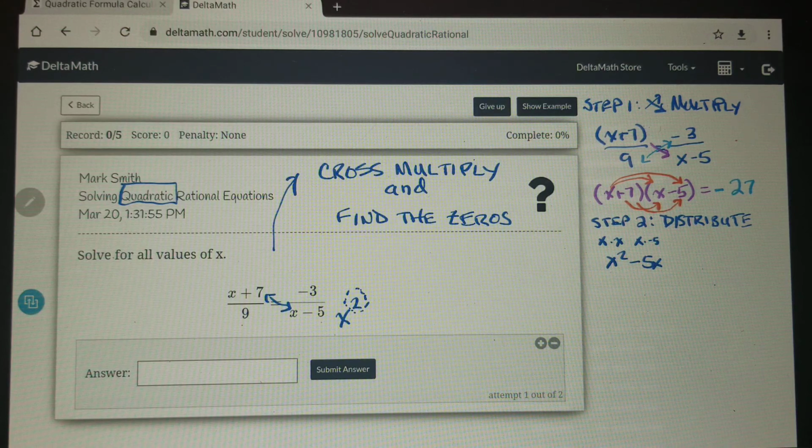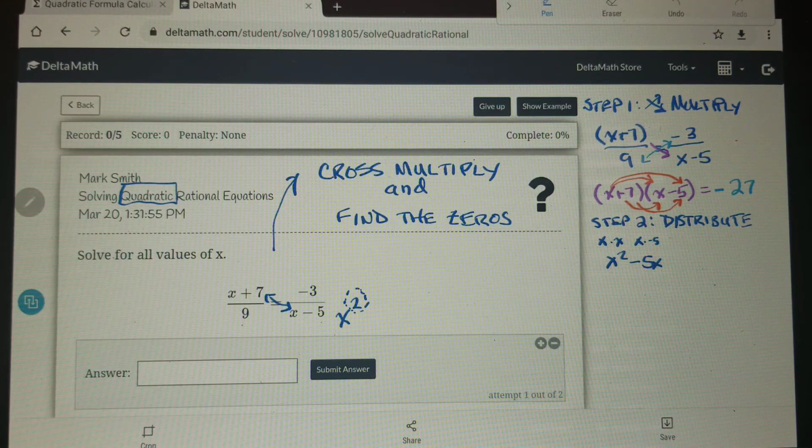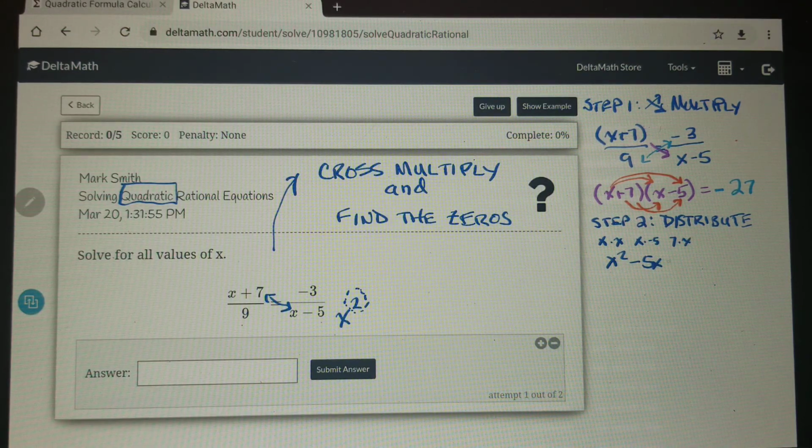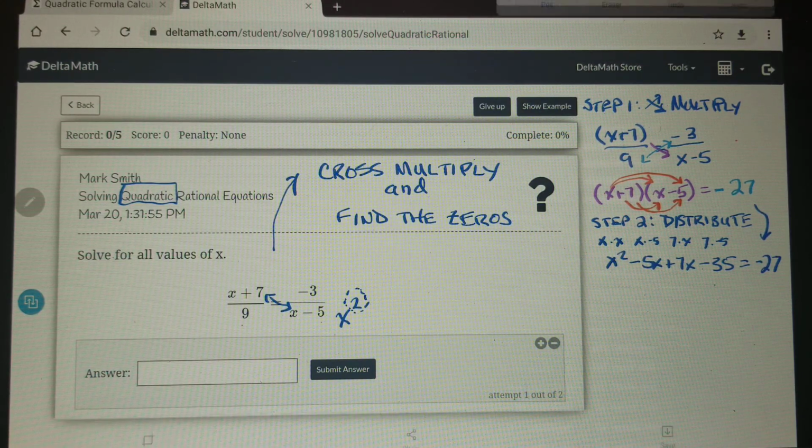And then 7 times x, so plus 7x, and then 7 times negative 5, and that's going to give me a negative 35. Then I just need to bring down this negative 27, which does not require any distribution.